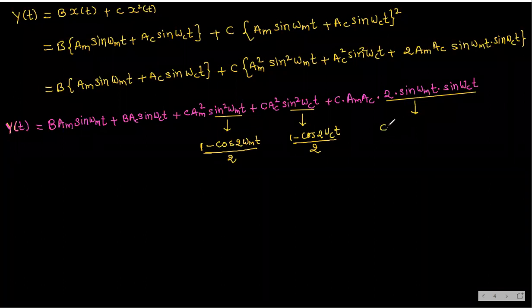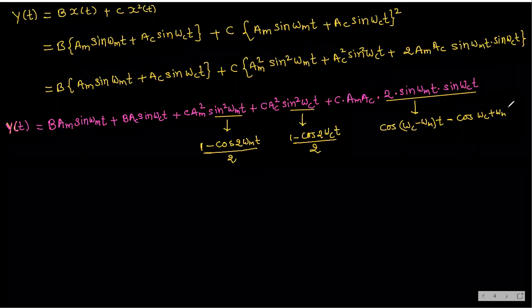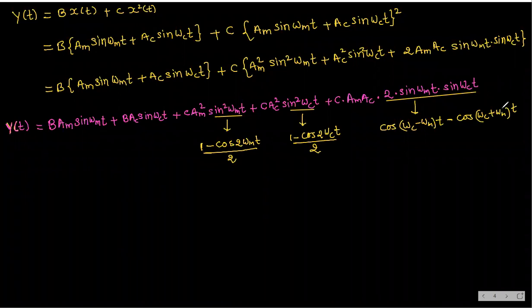What you will get? Cos omega c minus omega m into t minus cos omega c plus omega m into t. Any doubt? Whatever I have substituted, any doubt, please ask. Understood? That is what I'm going to substitute now there.